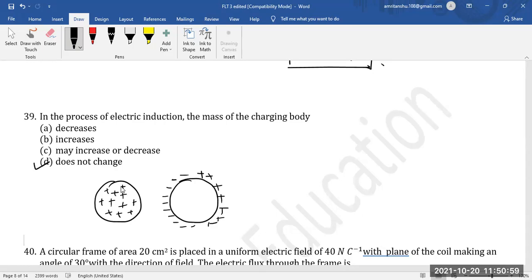However, if this question had been a little different, if we had earthed this part, then the mass would have changed slightly. But in this case, it is simply saying process of electric induction, so masses won't change.